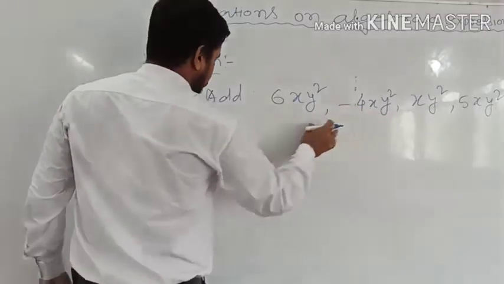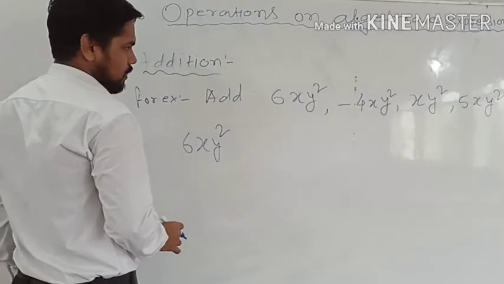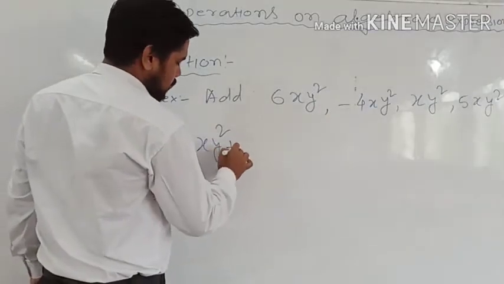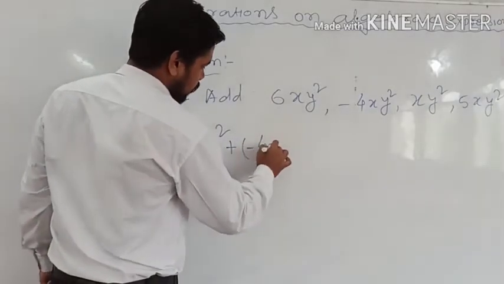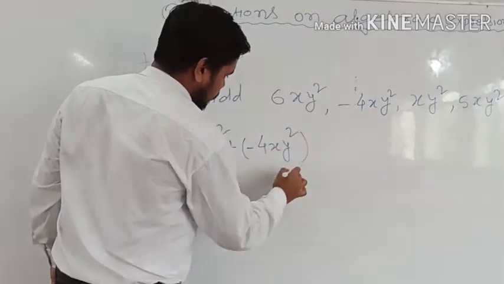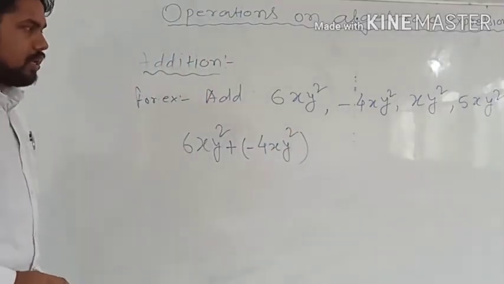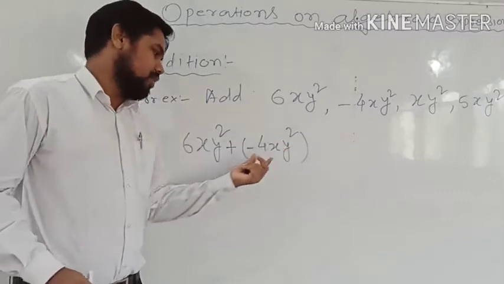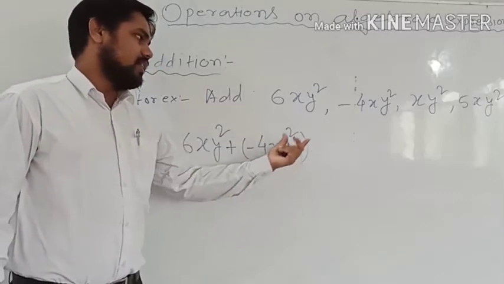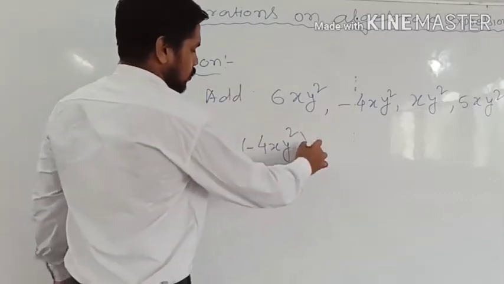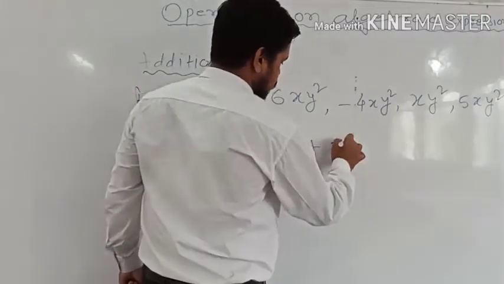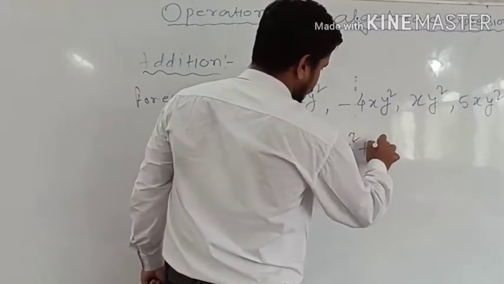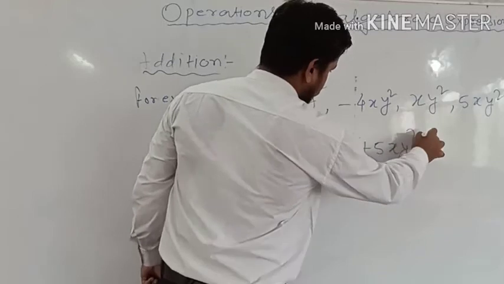Here either you can directly write minus 4xy square, or you can write plus minus 4xy square. You can write it this way also, because we are adding and this is a negative term, so we have used the addition sign and this negative number. The rest are all positive numbers. So xy square plus 5xy square.